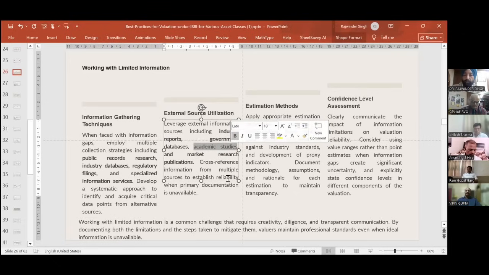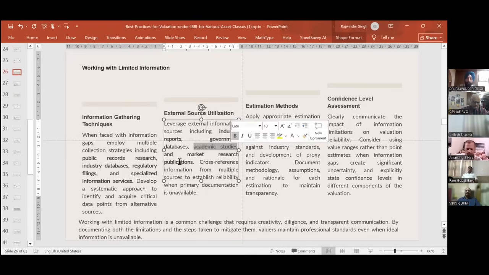The number of persons doing PhDs or masters, and where they are doing academic studies, and they are being published on the internet. You can collect those things that may be helpful in your day-to-day work.